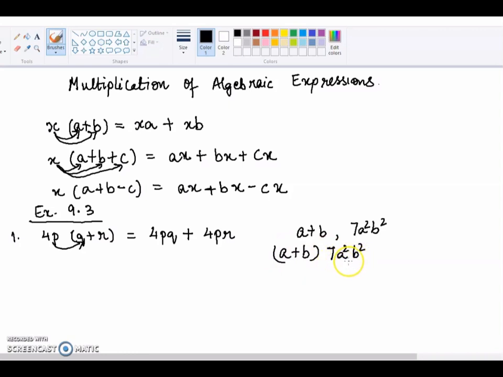So this 7a square b square will be multiplied with a first. So I will get 7a cube b square plus again the 7a square b square will be multiplied with b. So I will get 7a square b cube. So this will be my answer.